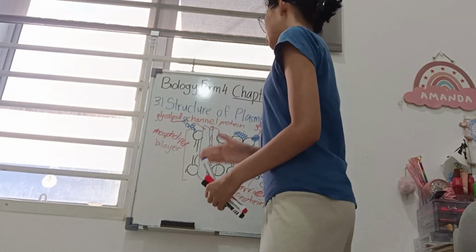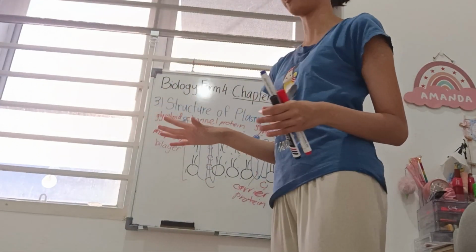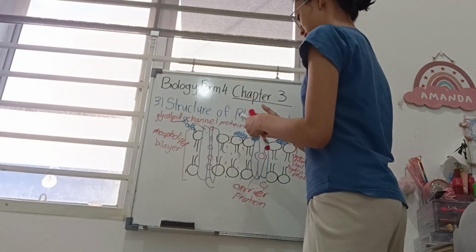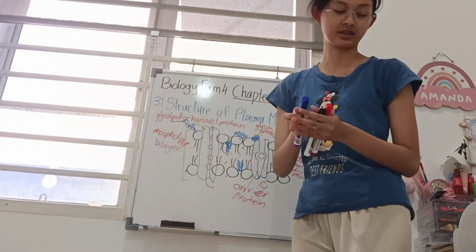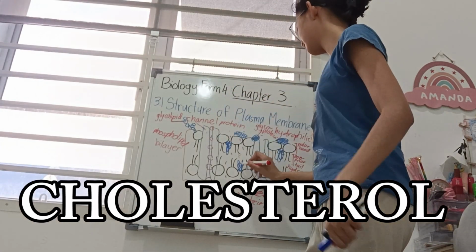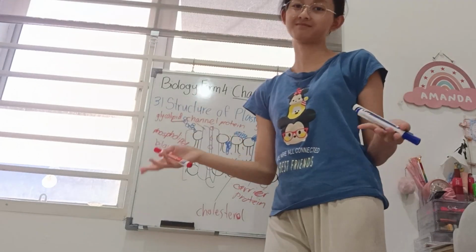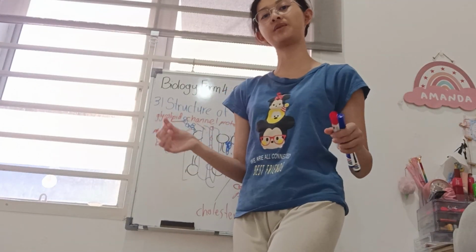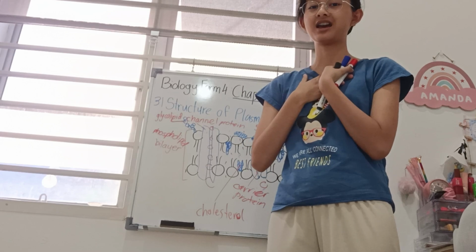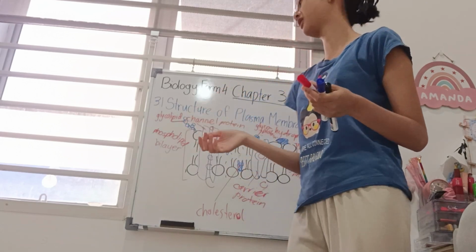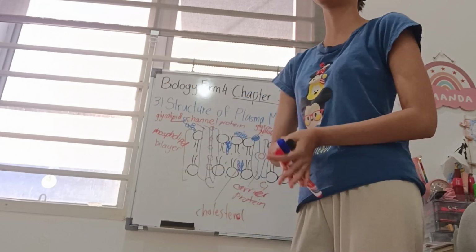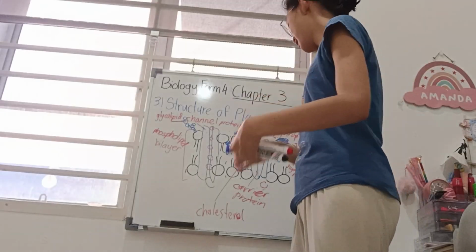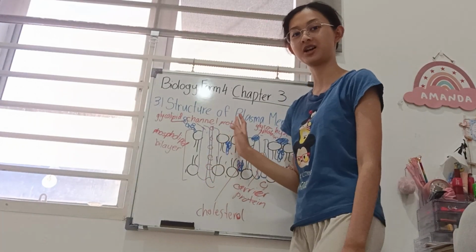And the last thing in the structure of the plasma membrane is cholesterol. When I say cholesterol, you probably think of the thing that gives people heart attacks. But cholesterol is good in here. Cholesterol inside the artery may be bad, but you need cholesterol in the plasma membrane.